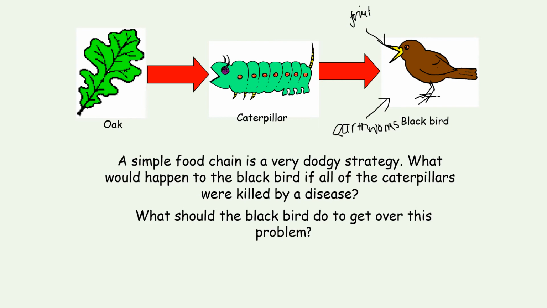Caterpillars are the same. They don't only eat just oak, they also eat grass, they eat bark, moss, and lots of other things.